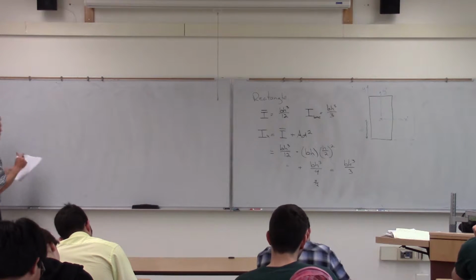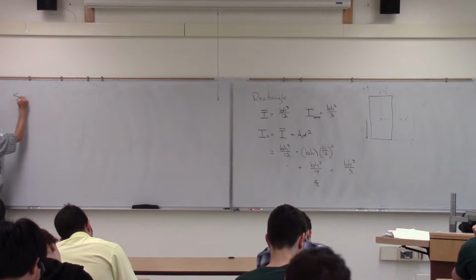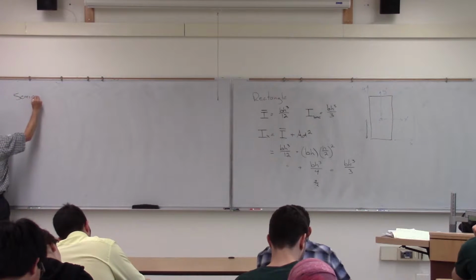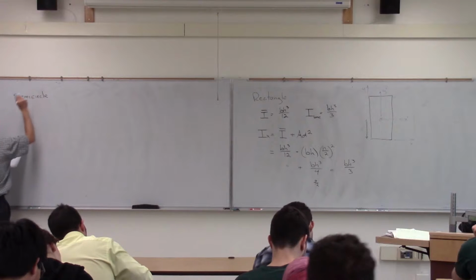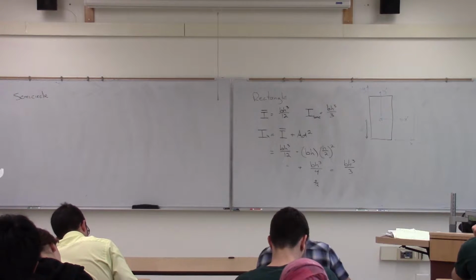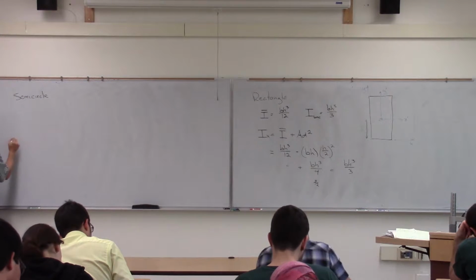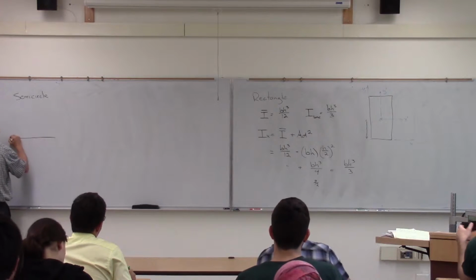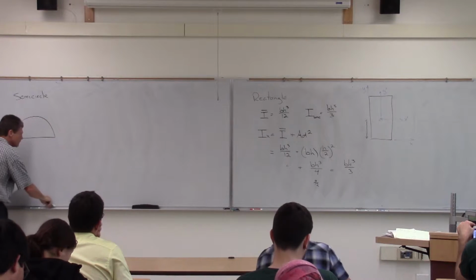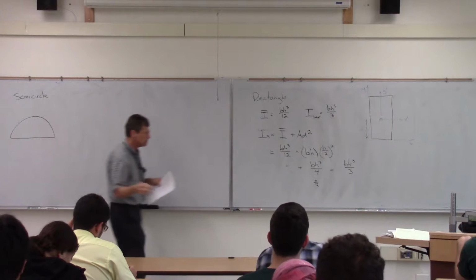Now an interesting one we have in the back of the book, we have a semicircle. But the author didn't give us that information from the centroid.